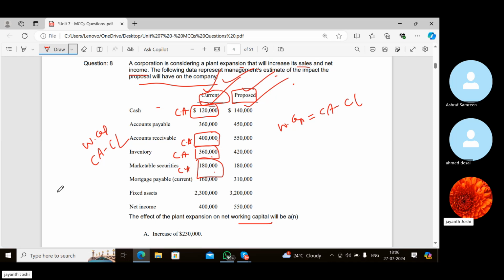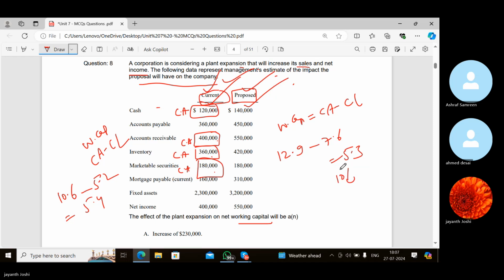Yeah, and 10.6. And in this case, what would be 520. 12.9, I think, proposed. Minus your current liability would be how much? 5.2. How much? 4. 5.4. 12.9 minus 7.6. 5.3. With proposal, your working capital has decreased by 10,000, right? Yes.